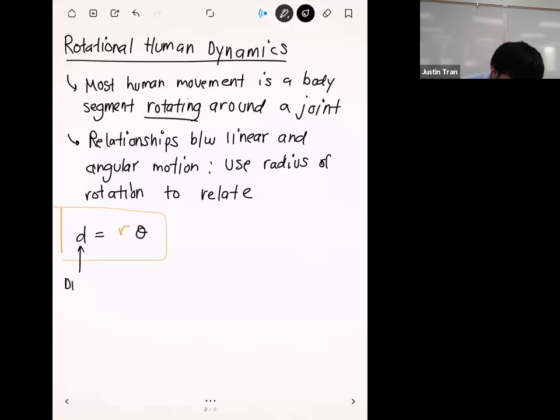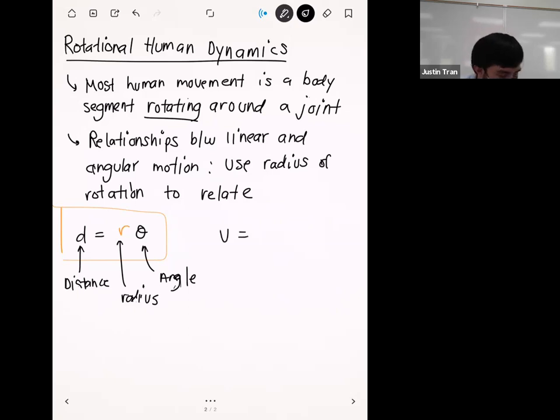And so this is distance, this is angle, and this right here is radius. Okay, that's distance.